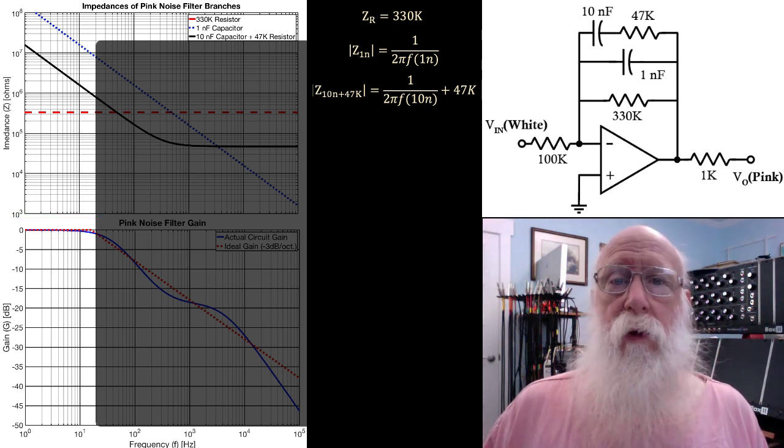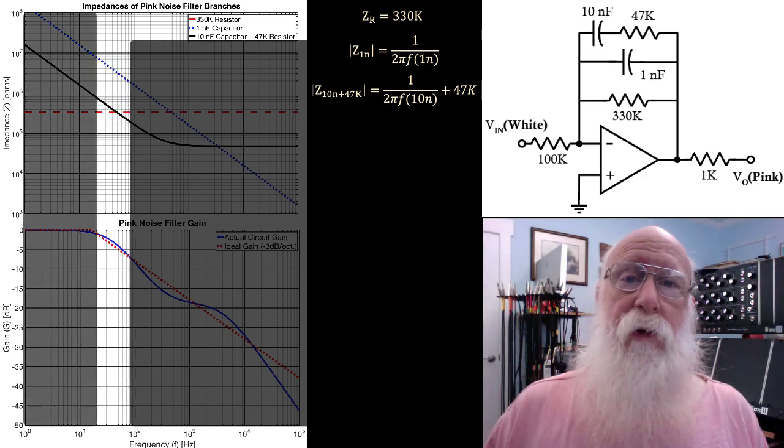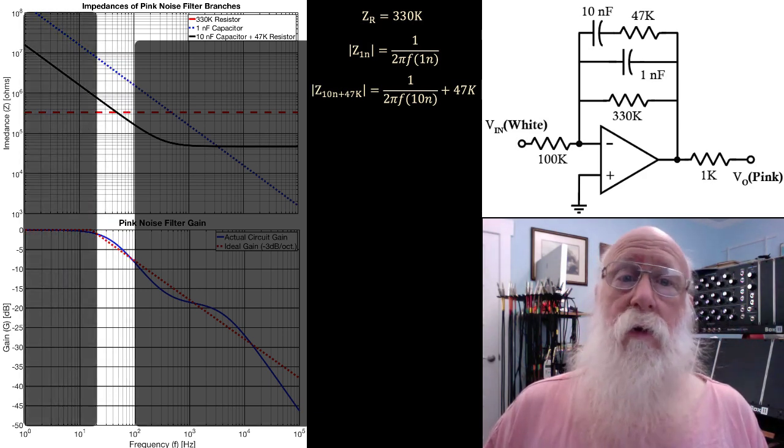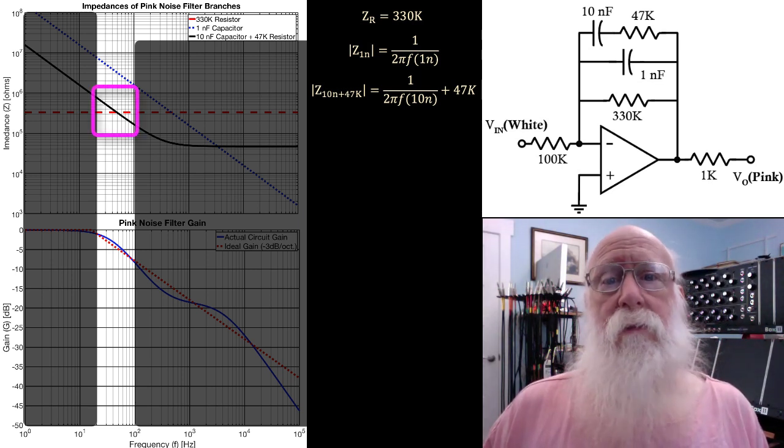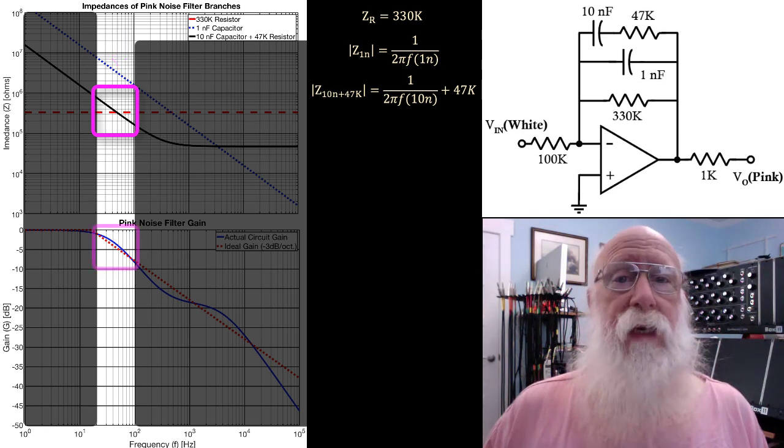For very low audio frequencies, perhaps between about 20 Hz and 100 Hz, the impedance of the 10 nanofarad branch and the 330K are getting fairly close. The impedance of the 1 nanofarad is still considerably larger, but the response is beginning to drop due to the 10 nanofarad branch.